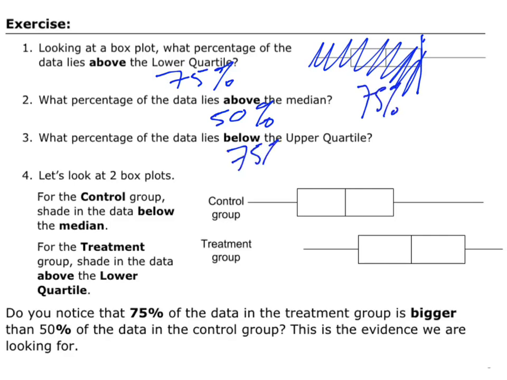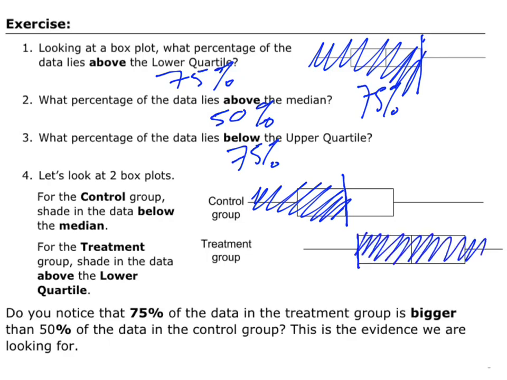Okay. So I want you to look at these two groups, and for my control group, we want to shade in the data below the median. So I'm going to find my median, and I'm going to shade in everything below that. Then for the treatment group, I'm going to shade in everything above the lower quartile. So there's my lower quartile. I'm going to shade in everything above it.